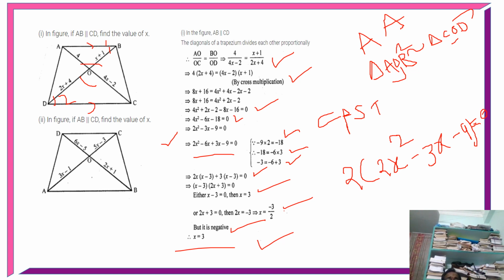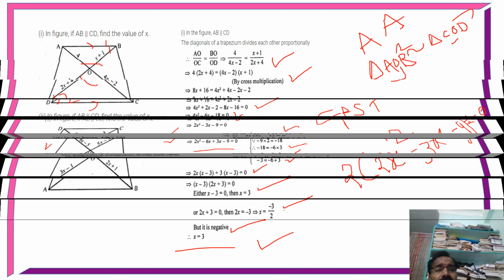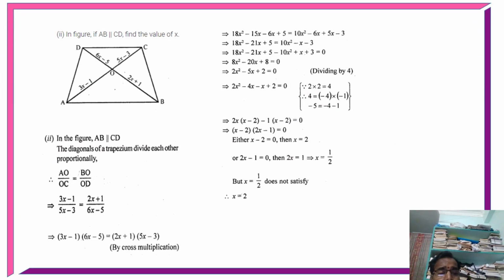We'll do this problem also on the next slide in the same manner. Again by using BPT, AOD parallel similar to COD, and by CPST, AO by OC equals OB by OD.